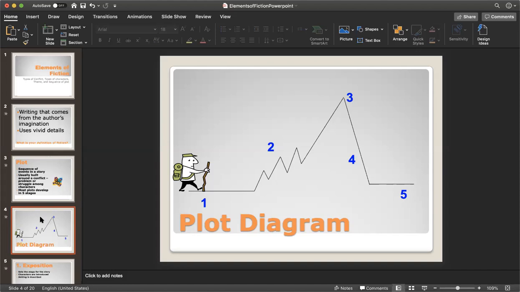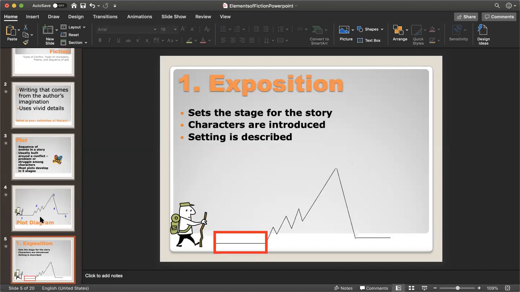Does anyone know what the first one is called? Okay, there it is. Pretty simple. The exposition. The exposition basically sets everything up. We find out who our characters are, our setting, and even, I know it doesn't say there, but even our conflict is usually given to the reader or audience by this time.